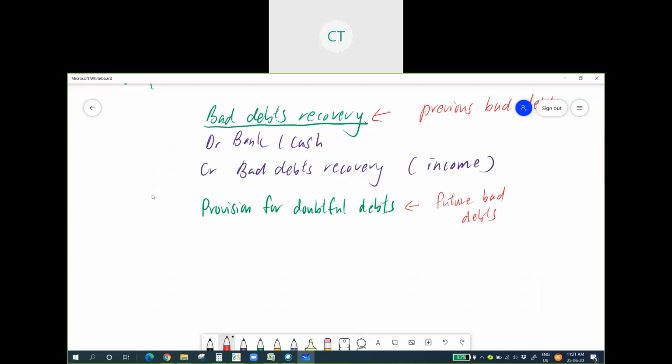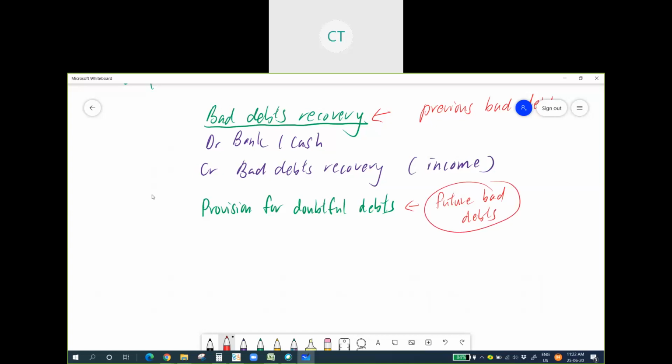For example, you have 100 customers. Can you confirm that all the customers will make repayment to you? Cannot, right? It's very hard for you to have a 100% collection from your customers. So the management or the accountant, based on their understanding of the payment behavior of the debtors, or based on the percentage, determine the future bad debts amount.